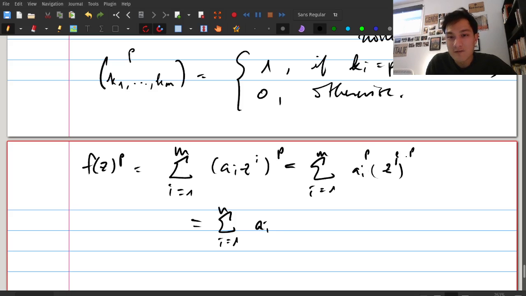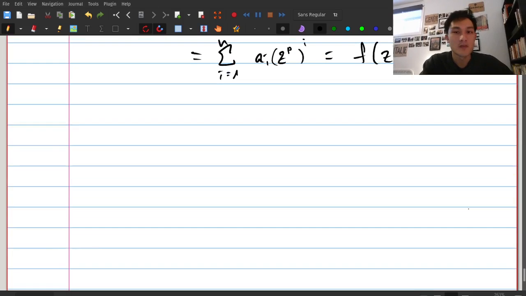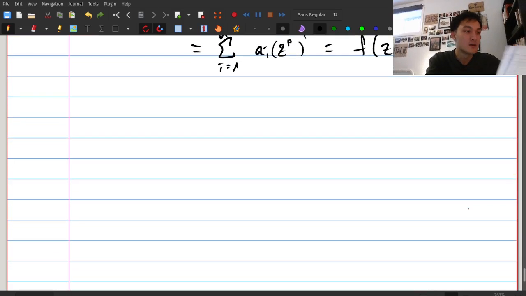And then we can flip here, so we get z to the p to the i. But of course, that is just f(z to the p). Okay? The polynomial f had coefficients ai, and we're plugging in z to the p. So that's exactly what we wanted to show. Okay, so much for that.